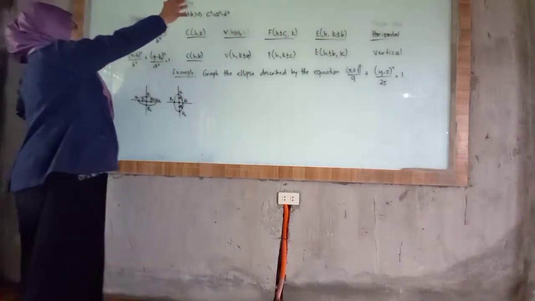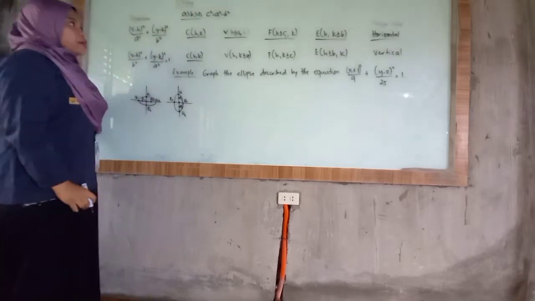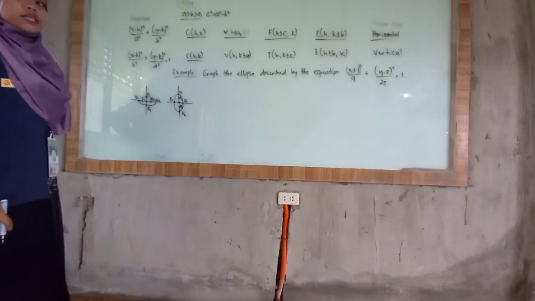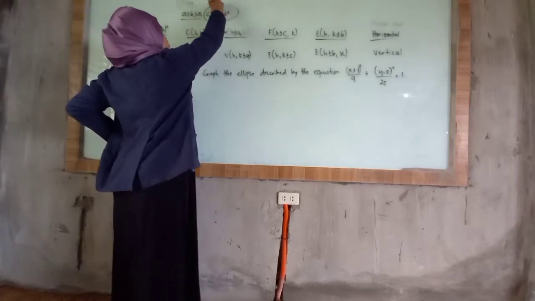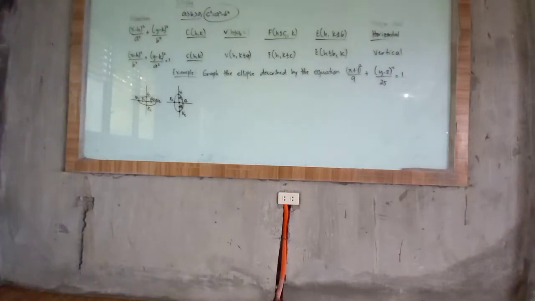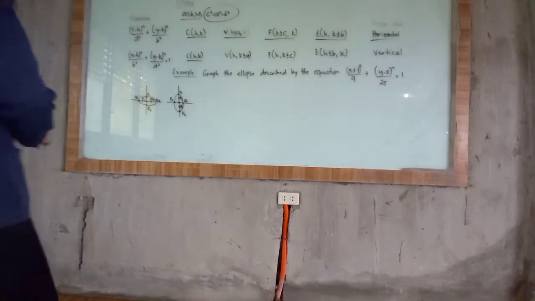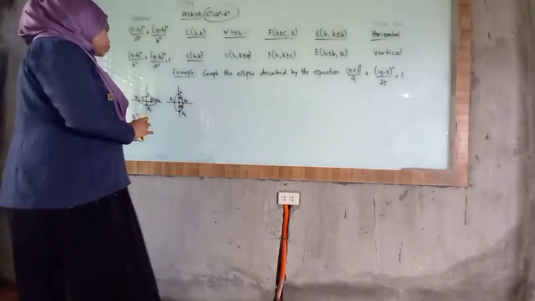So, in ellipse, we have to take note that A is always greater than B, and they are greater than 0. So, we have the formula for the C. C squared is equal to A squared minus B squared. You have to take note the operation is minus, hindi yung sa Pythagorean theorem na addition.